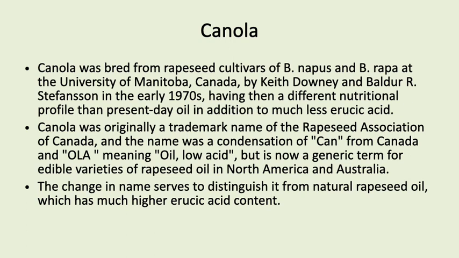Canola was originally a trademark name of the Rapeseed Association of Canada, and the name was a condensation of 'can' from Canada and 'ola' meaning oil, low acid, but it is now a generic term for edible varieties of rapeseed oil in North America and Australia. The change in name serves to distinguish it from the natural rapeseed oil, which has much higher erucic acid content.